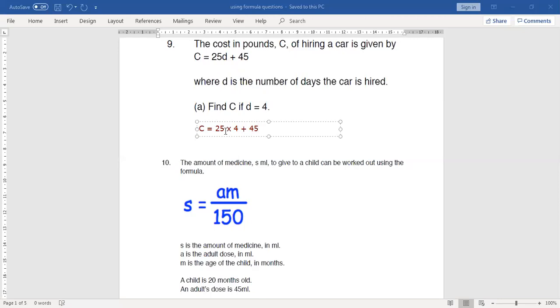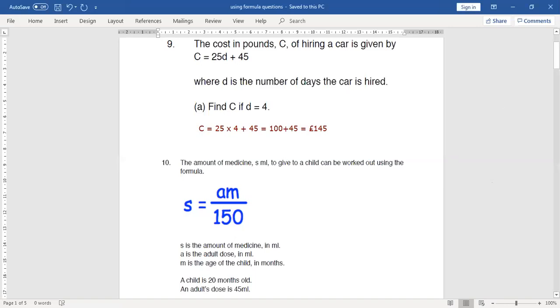Remember multiplication is done before addition anyway, so 25 times 4 is 100. So that's equal to 100 plus 45, which equals 145.